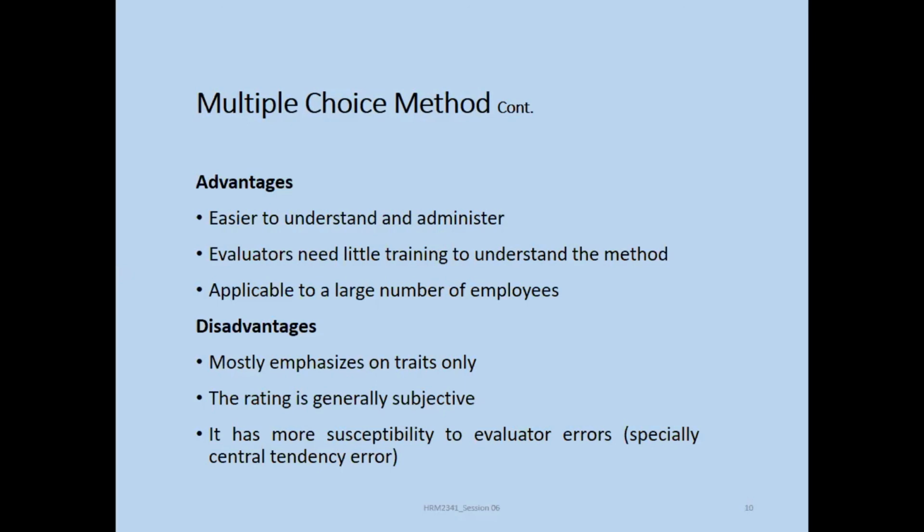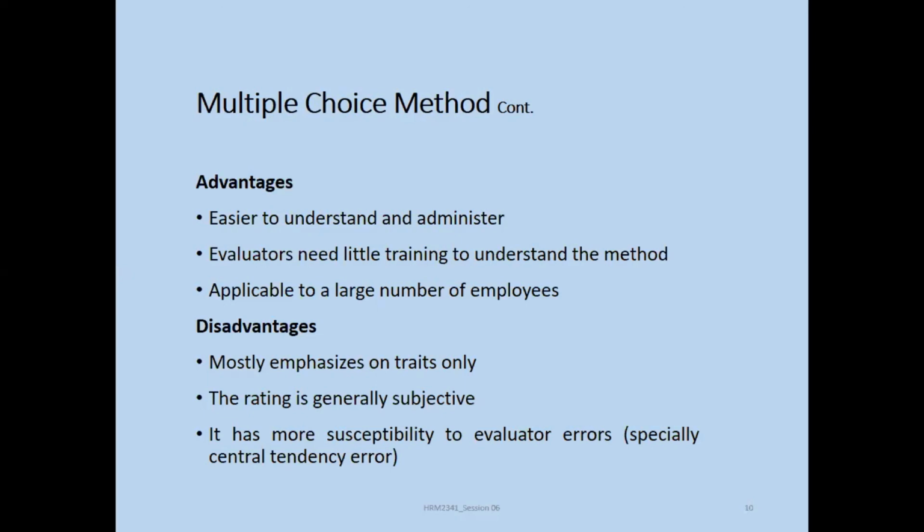If in our example we develop the 5 option choices under attendance, that rating is objective because it is quantifiable and verifiable.